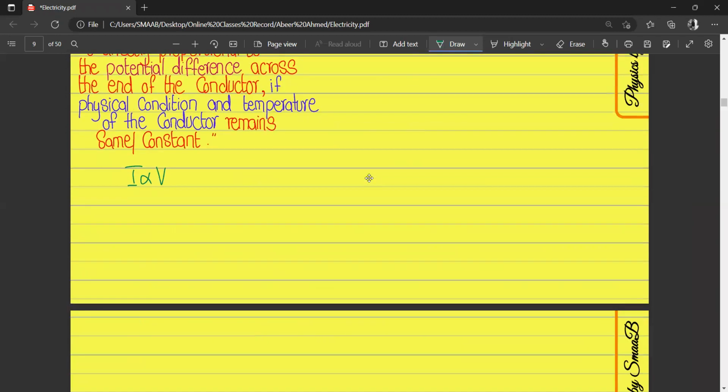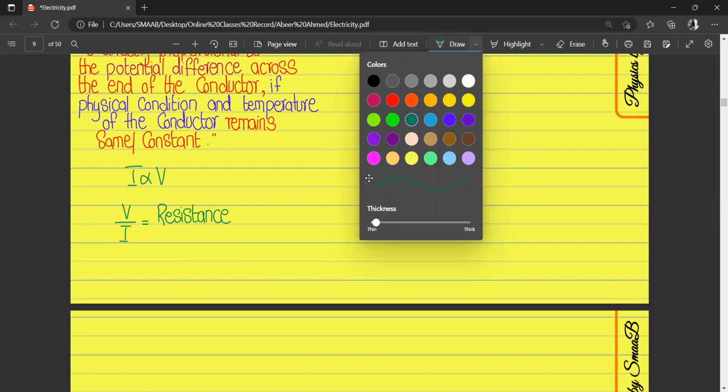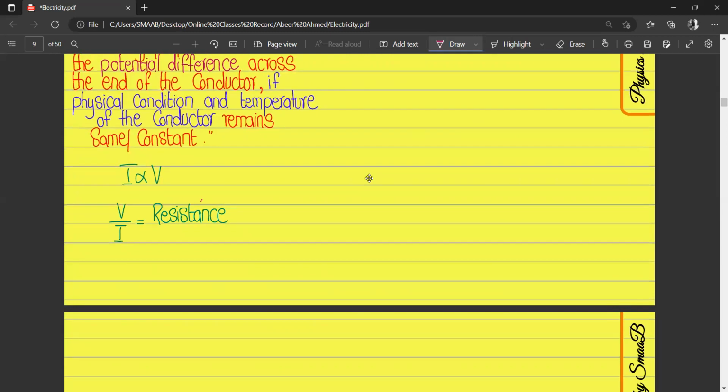So we can write this as V over I is equal to resistance. So resistance is a constant factor here. If resistance remains constant, then current is directly proportional to the voltage or potential, or in other form we can write V = IR.